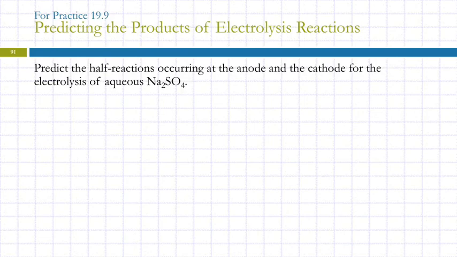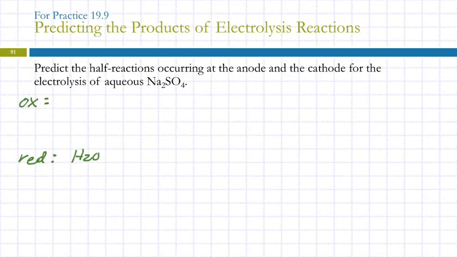Okay, so predict the half reactions occurring in the anode and the cathode for the electrolysis of aqueous sodium sulfate. So we have to consider the possibility of water being oxidized and or water being reduced. So let's list our 2 oxidation reactions and our 2 reduction reactions.